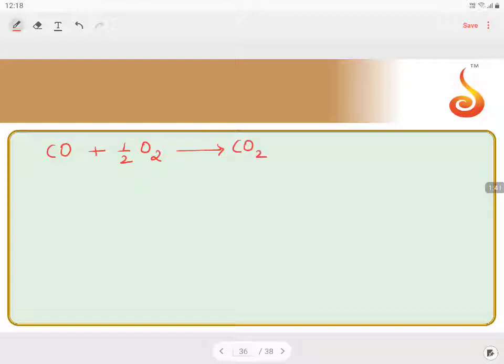That means 1 mole of carbon monoxide reacts with half mole of oxygen and gives 1 mole of carbon dioxide. In this, CO is a gas, O2 is also a gas, and carbon dioxide is also a gas.